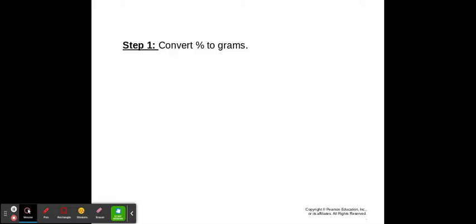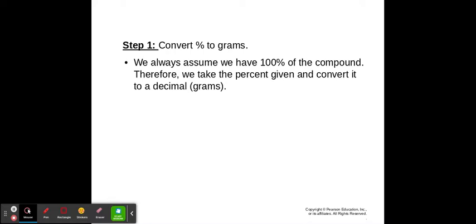Okay, so the first step is convert percent to grams. So just simply switch percent to g. Okay, we always assume we have 100 grams of the compound. Therefore, we take the percent given and convert it to a number in grams. Okay, so here we go.